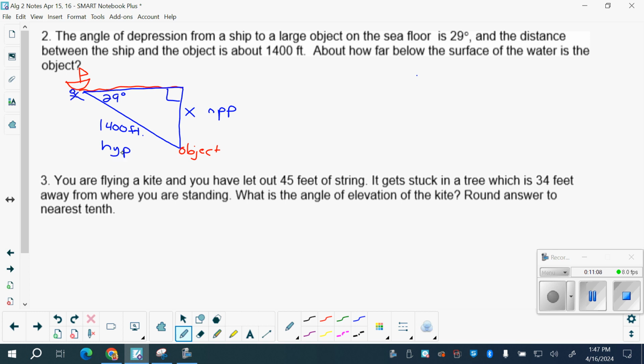So what trig function has opposite and hypotenuse? Sine. We're going to find the sine of 29 is the opposite, which is x, over the hypotenuse, which is 1400. So what would we do to solve for that?